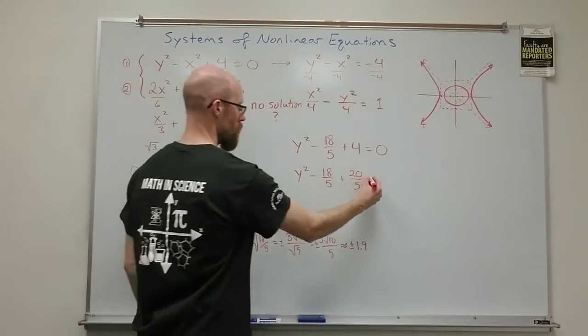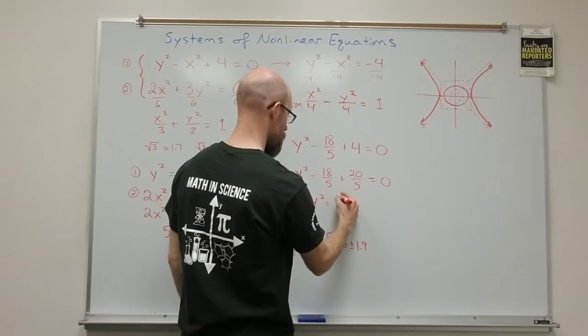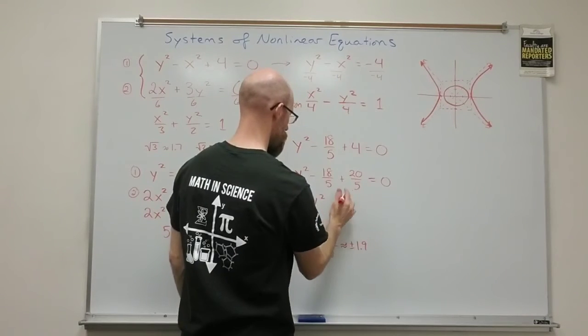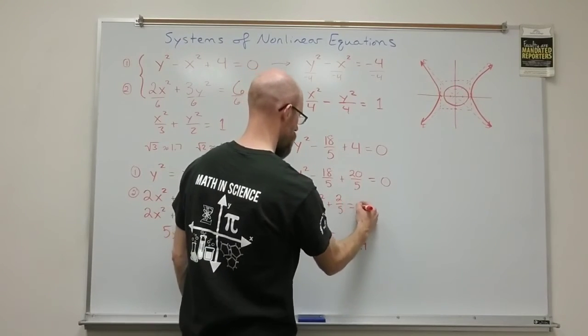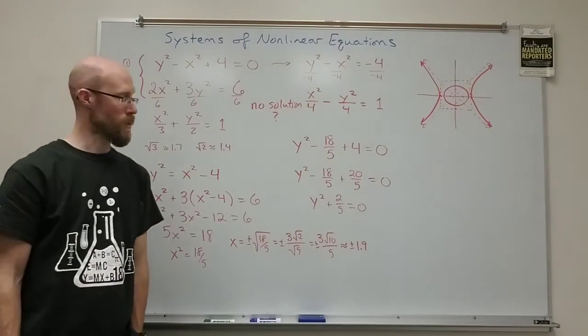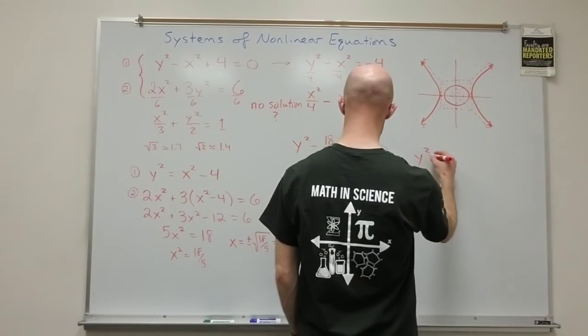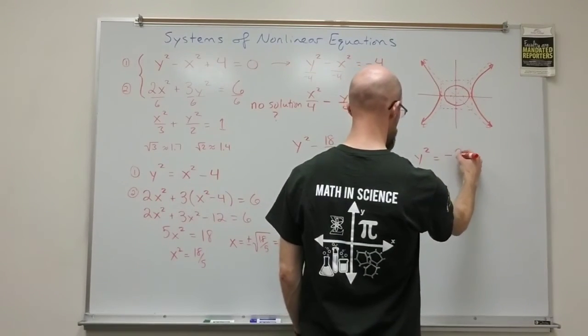And when I combine those, I get y squared plus 2/5 equals 0. Right, negative 18 plus 20 is 2. And then I subtract the 2/5 from both sides. So I get y squared equals negative 2/5.